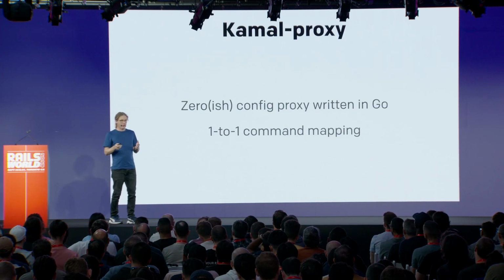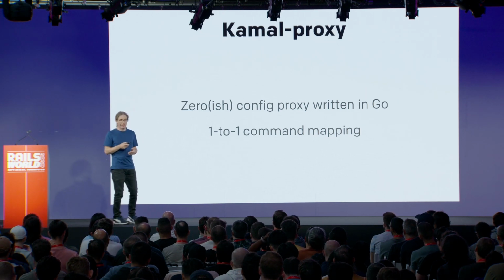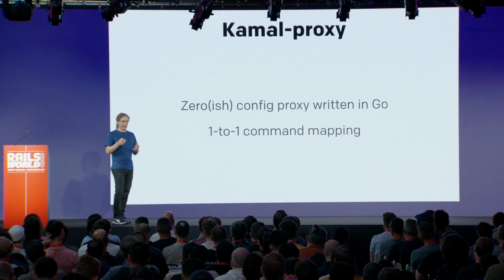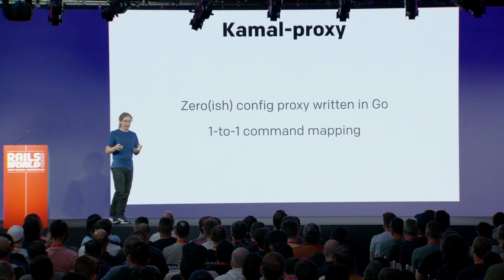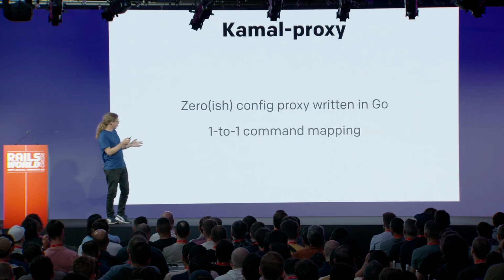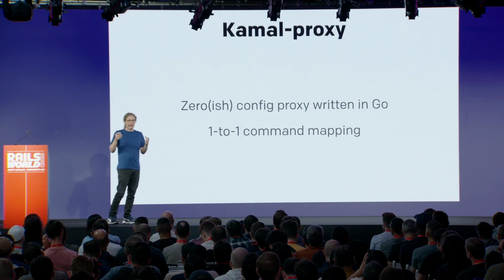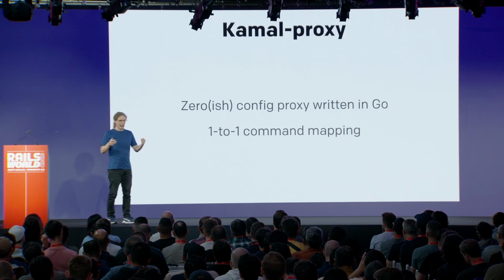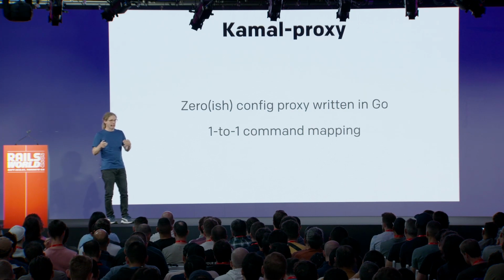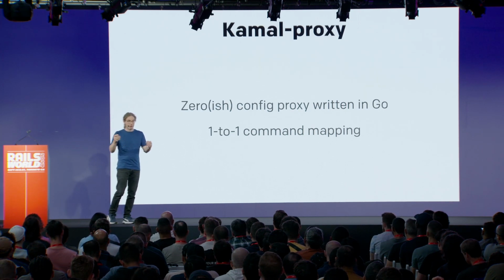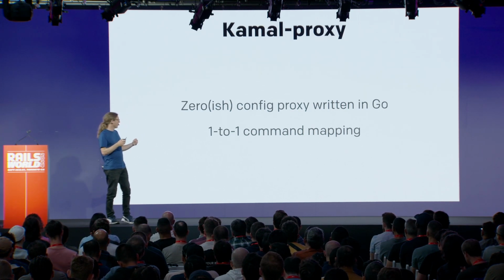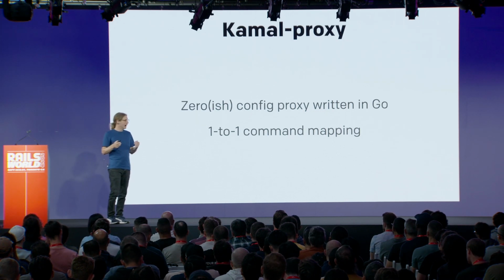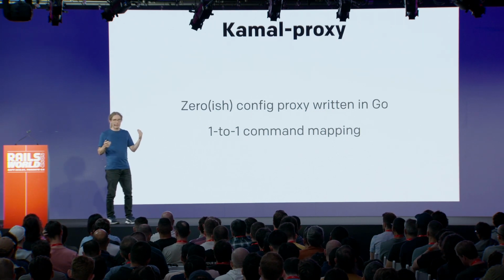And what we decided was we would build our own proxy to replace Traefik, and this proxy was built with Kamal exactly in mind. So it's zero-ish config. Basically what we're saying there is one of the things we want to do is be able to run multiple applications. So if you have boot time configuration, then you can't vary it between the applications. So we have as little config as possible when you boot the proxy, and there's this one-to-one command mapping.